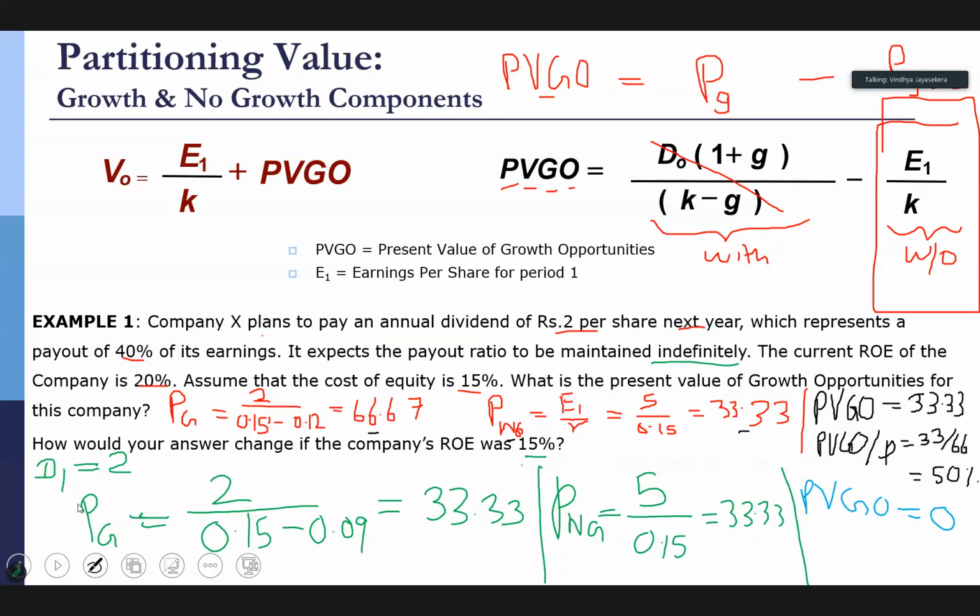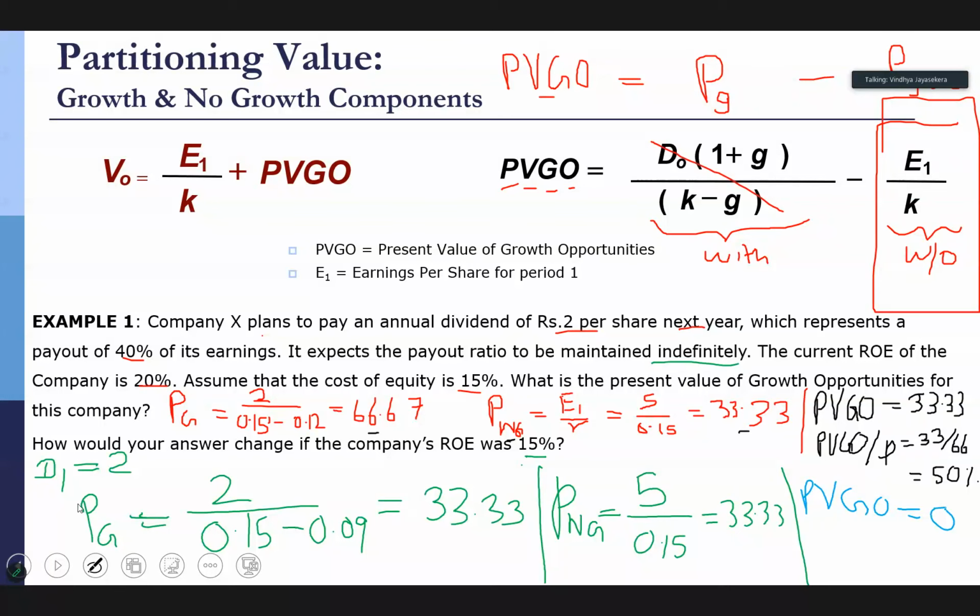Zero, right? This company that is paying out dividends, that is growing continuously at a rate of 9%, is worth only 33 rupees. And 33 rupees is the same as the company not growing. If the company didn't grow, it will be worth 33 rupees. If the company grew also, it will be worth 33 rupees.